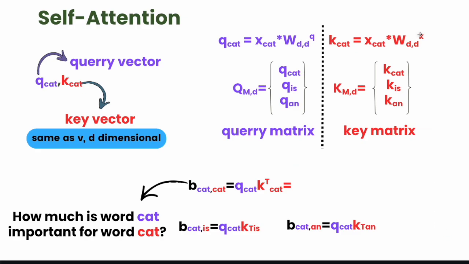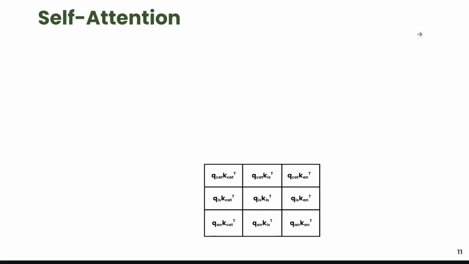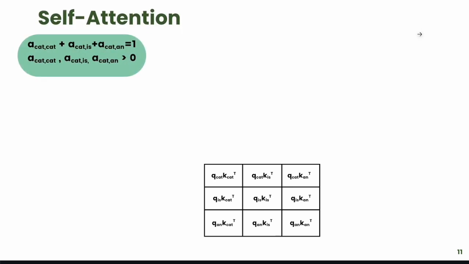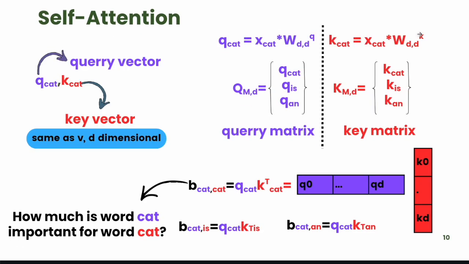The weights that we introduced earlier need to satisfy two properties. First of all, for each of the words, the weights need to sum up to 1. We are taking a weighted sum, and we would like the weights to sum up to 1. And secondly, the weights need to be positive. It doesn't make much sense to have negative weights. These two properties are not satisfied by the values b that we introduced here. b can be negative, since it's just the inner product between two vectors.